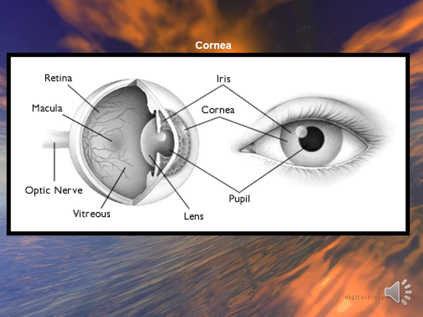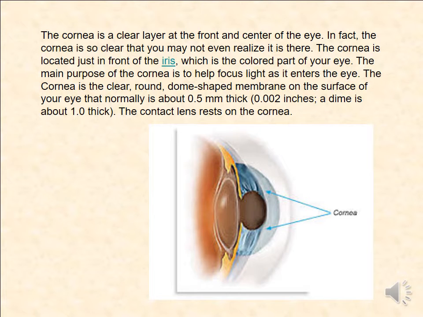And beyond the sclera, anteriorly, there is the cornea. The cornea is a clear layer at the front and center of the eye. In fact, the cornea is so clear that you may not even realize it is there. The cornea is located just in front of the iris, which is the colored part of your eye.